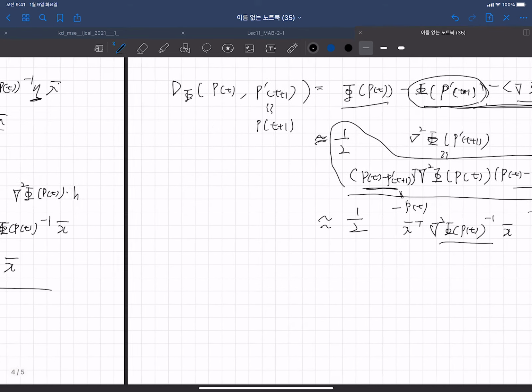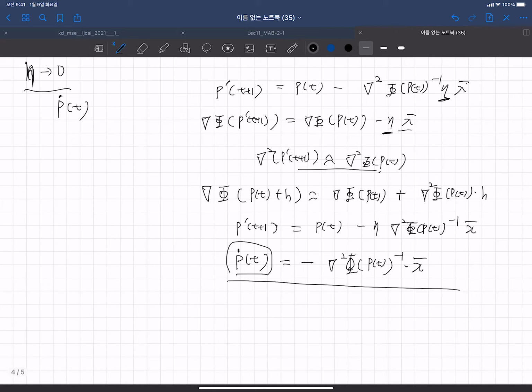Okay, so the inverse of the Hessian controls our movement. So when we have a very tiny inverse of the Hessian, our update becomes very restricted.